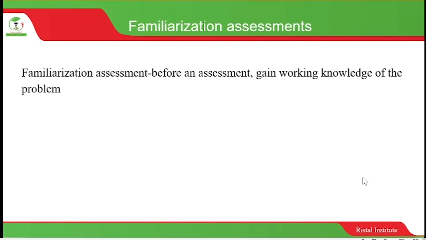They started with familiarization, whereby familiarization assessment, before an assessment, is to gain working knowledge of the problem.